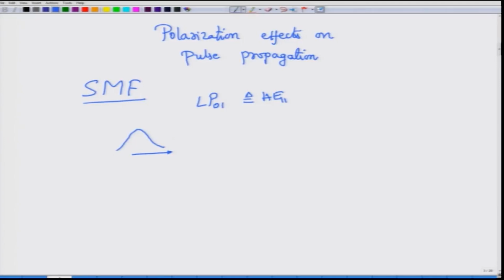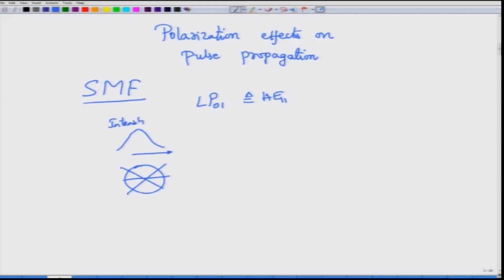This is true for any cross section, because this LP01 mode is completely independent of the azimuthal angle phi. So, all different cross sections would exhibit the same type of intensity or power pattern.